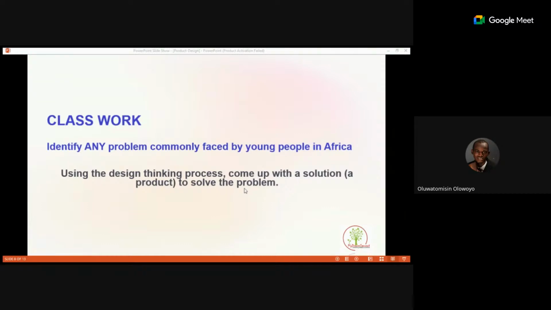Now we're looking at Africa at large, and one of the problems we have in Africa is education. This is not just the basic education level, the lower cadre for kids from nursery to primary school.